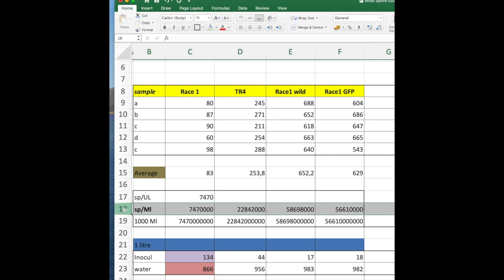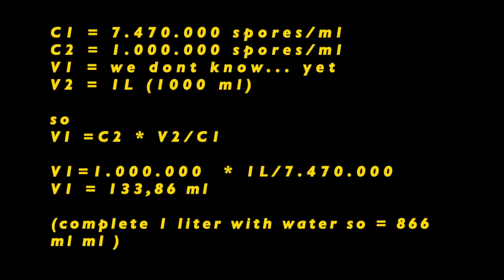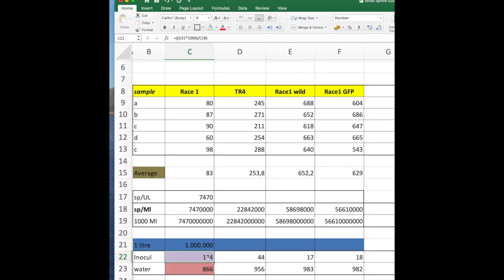This is the number of spores in 1 milliliter, and this is the number of spores in 1 liter of the concentrated inoculum. So we are going to make 1 liter of inoculum in a concentration of 1 million spores per ml. That means that we need to take 134 of the concentrated inoculum and add 866 of water.